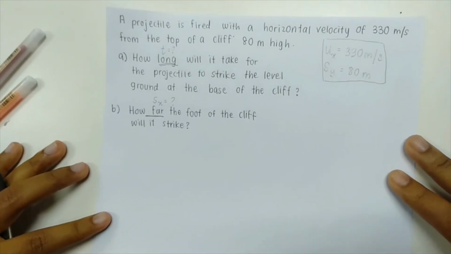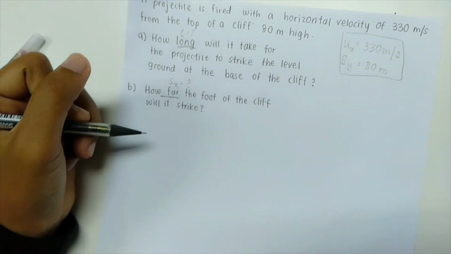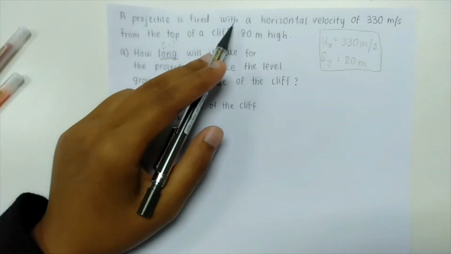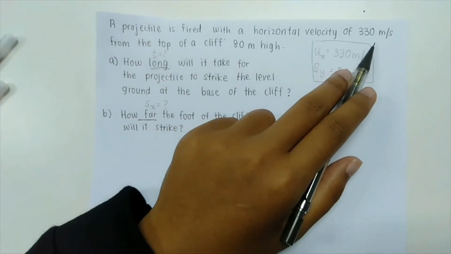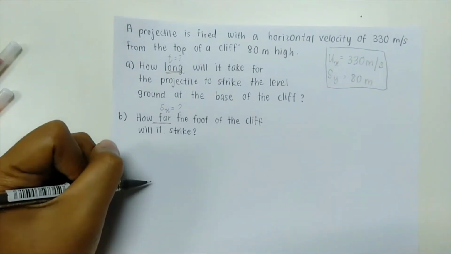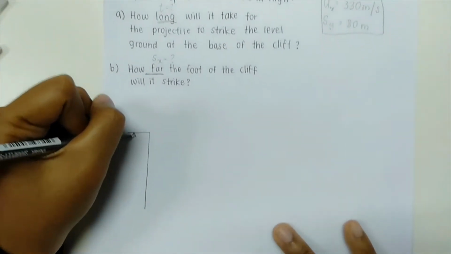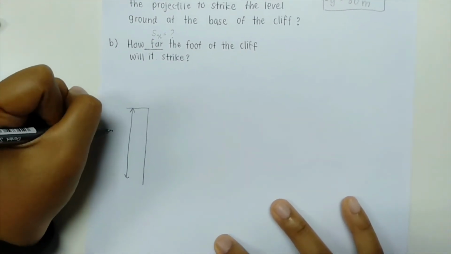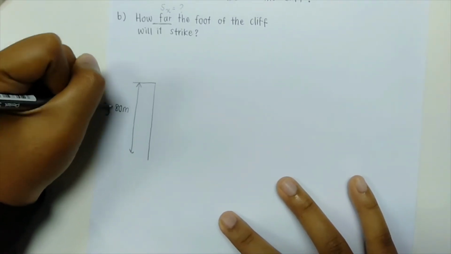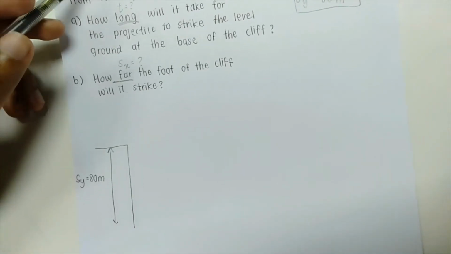Before we start to answer the question, we need to draw the diagram first. A projectile is fired with a horizontal velocity of 330 meter per second from the top of a cliff 80 meter high. Imagine this is the cliff with 80 meter high. So this is sy. sy equals 80 meter. A projectile is fired.